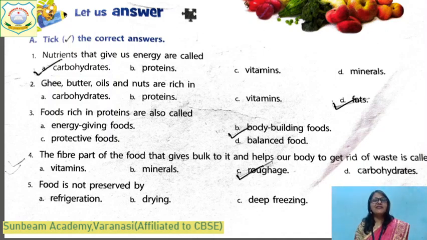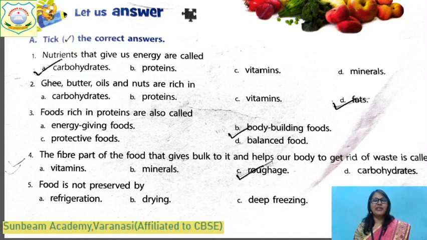Nutrients that give us energy are called carbohydrates, and the nutrients that are called protective food are vitamins and minerals. Ghee, butter, oil and nuts are rich in fats.